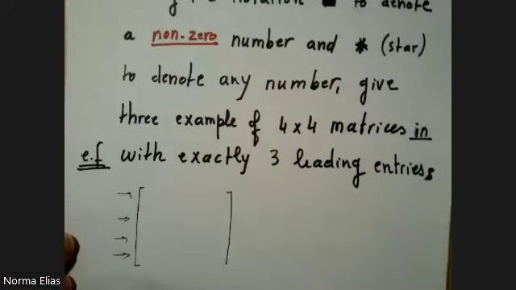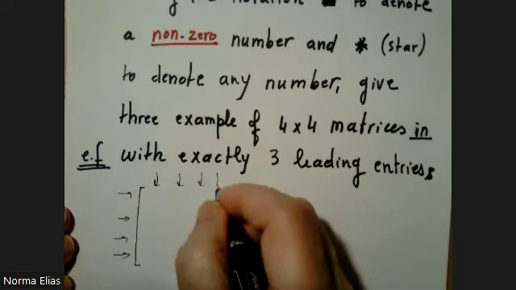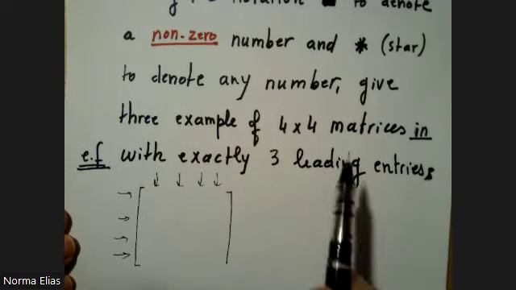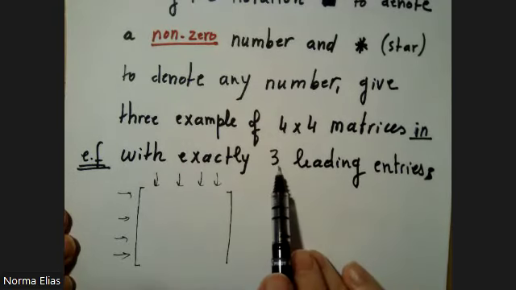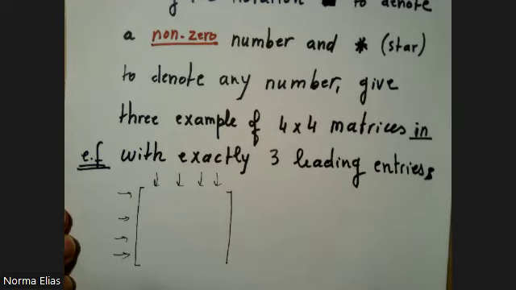Okay, are we ready to start? So I want a 4x4 matrix. It means I want 4 rows and 4 columns. I want exactly 3 leading entries, and I want it to be in echelon form.